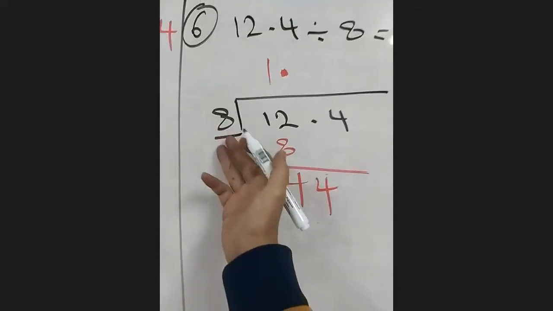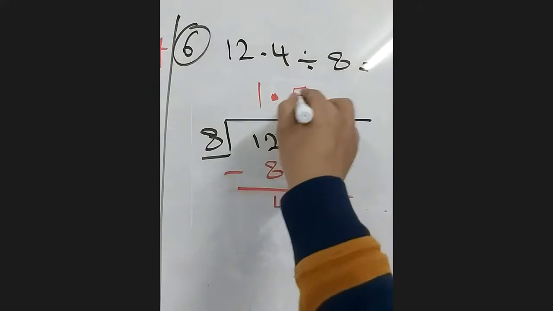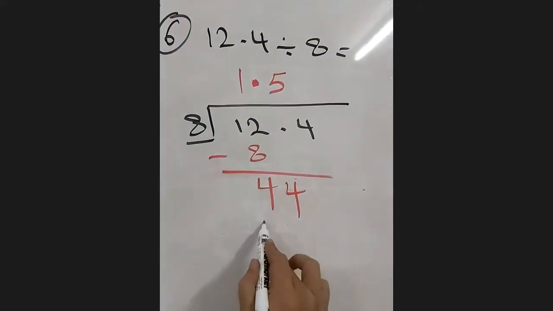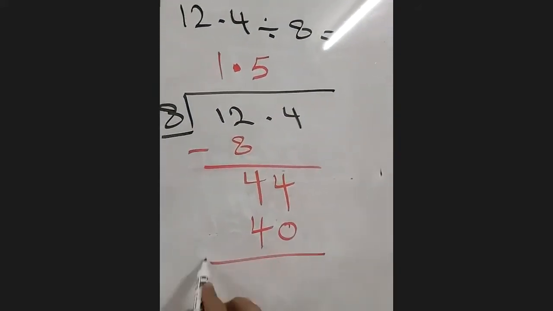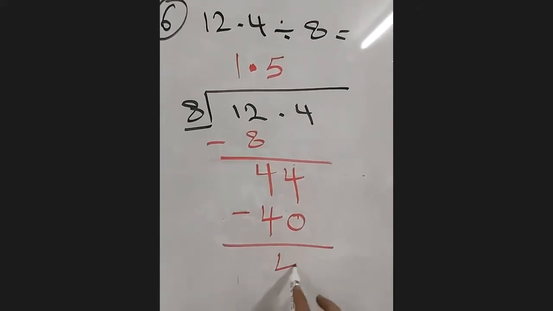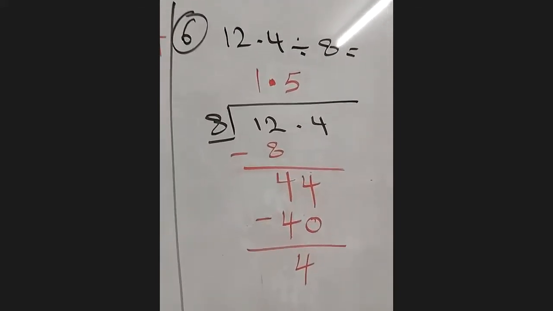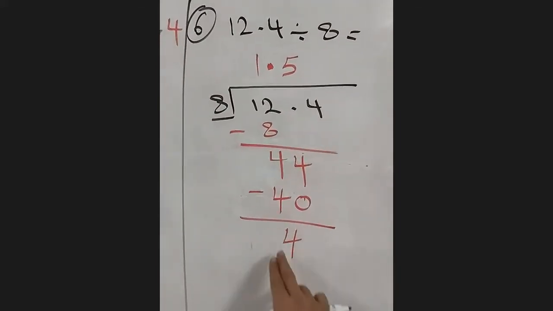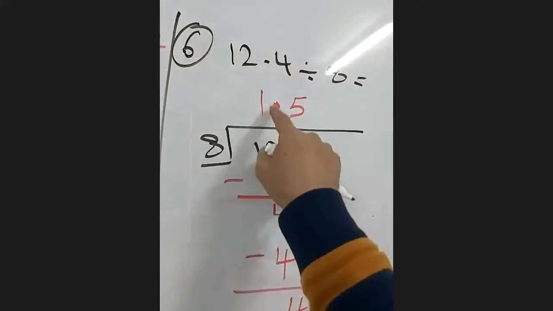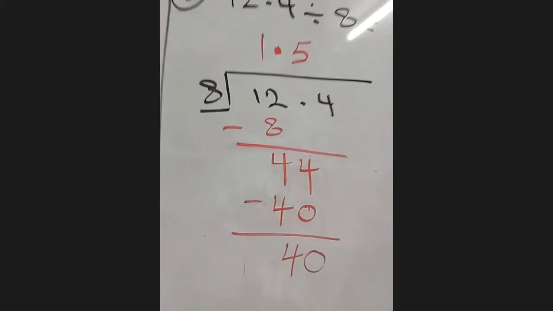We have 44 now. 44 divided by 8 is 5. 5 multiply 8 is 40. Subtract: 4. We stop? No. The remainder is not 0. Because we have a decimal, we add 0.